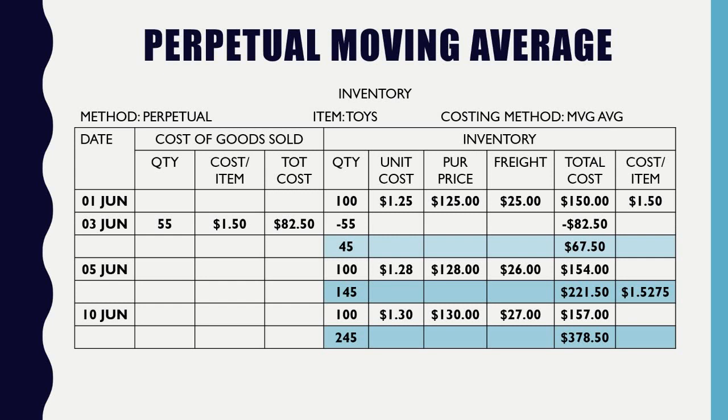Then again, I need to recalculate my average cost per item. In this case, it is going to be $1.5448. Good so far?